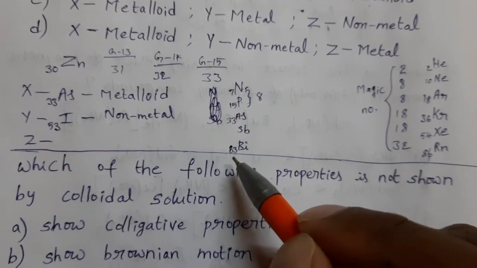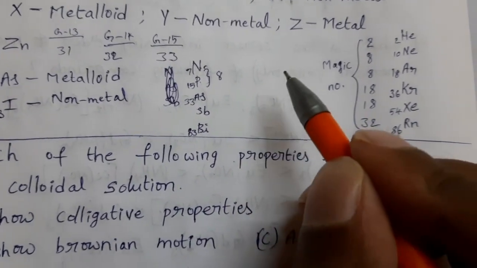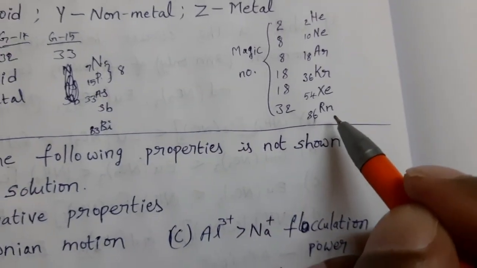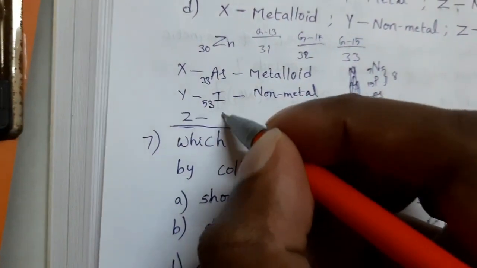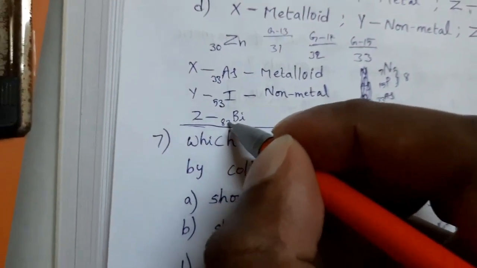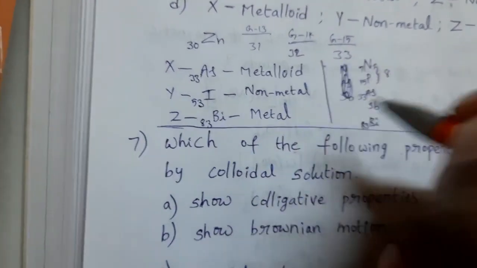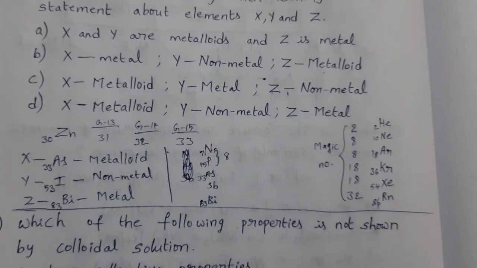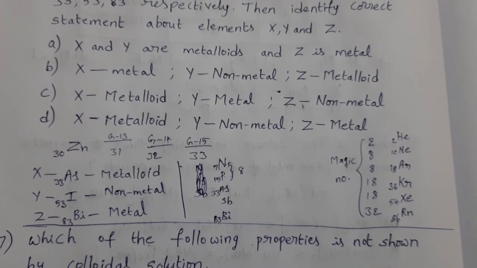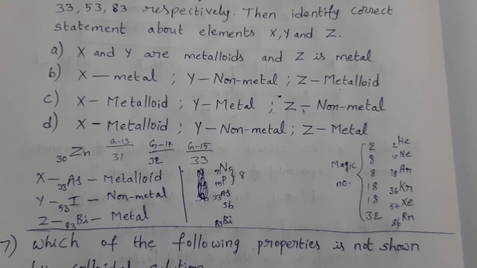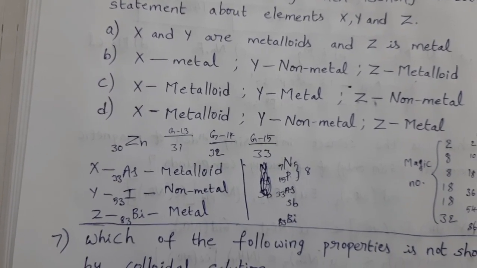Bismuth atomic number 83, 84 in group 16, 85 in group 17, 86 noble gases. So the 83 element is bismuth. What type of element? Metal. Okay students, by remembering noble gases atomic numbers, we can get atomic numbers of these elements. So X is metalloid, Y is non-metal, Z is metal.